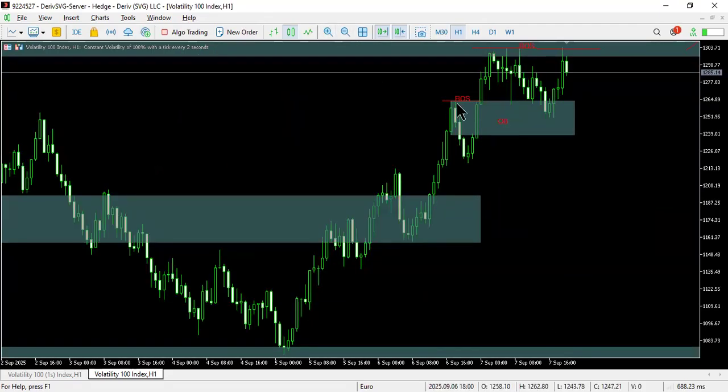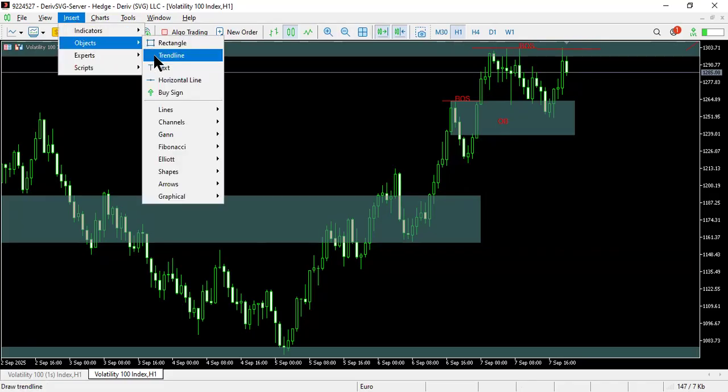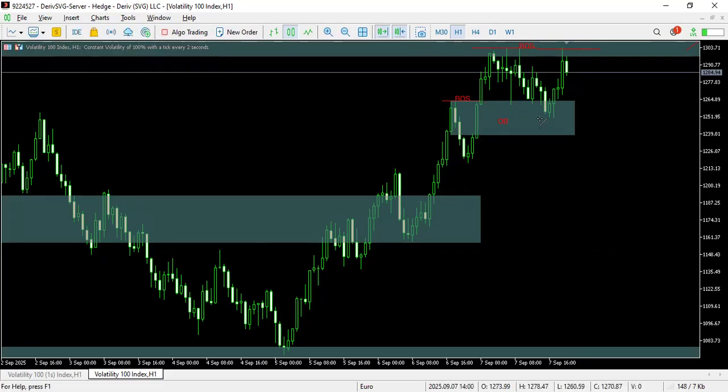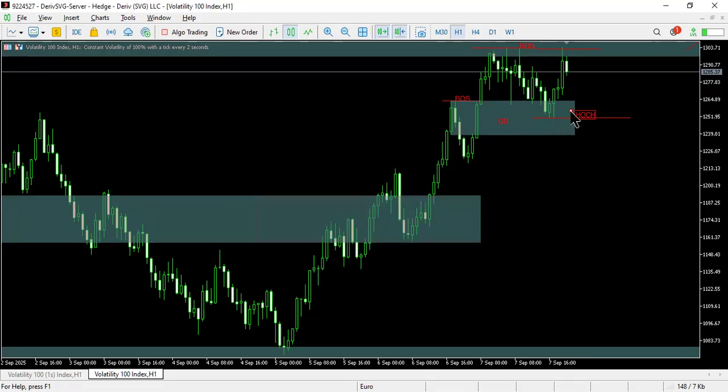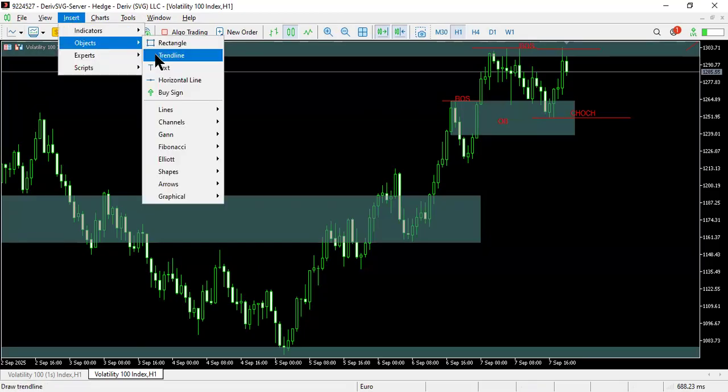But let's just watch the price because we have broken a high. We're just waiting for price to break that high. Now, should price decide to break that higher low, then that will be a change of character, and then we can place sales should that happen.